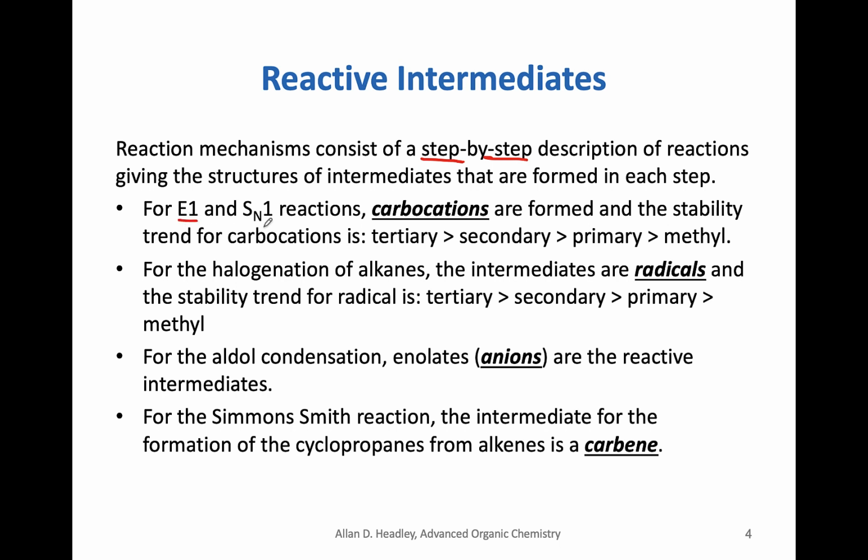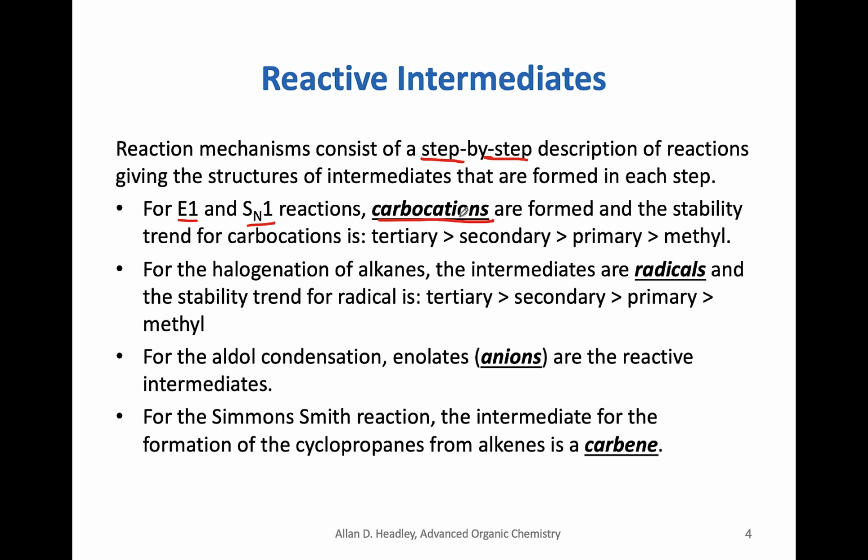For the E1 and the SN1, you may recall the E1 is unimolecular elimination reaction, and the SN1 is a substitution reaction, unimolecular substitution. For these type of reactions, carbocations are formed.